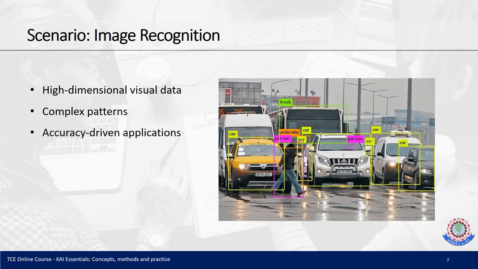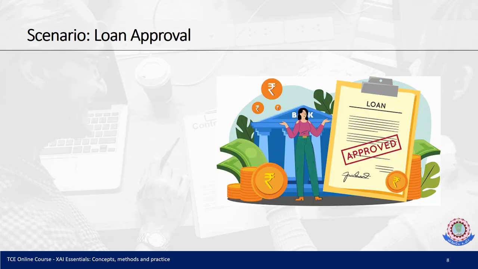Deep learning models perform extremely well, but they are black boxes. In such cases, accuracy becomes the priority. Interpretability is still important, but it is often addressed later using explanation tools. Here, performance outweighs transparency.